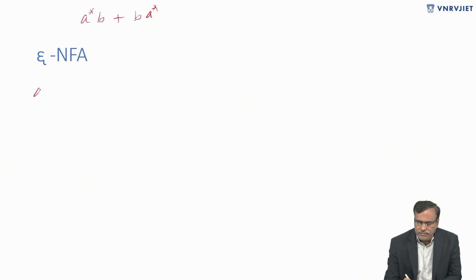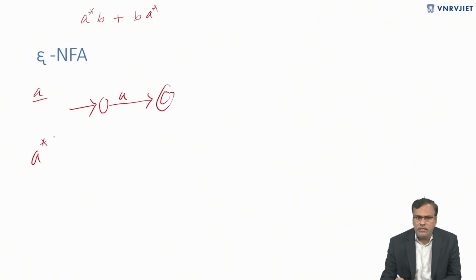Just for A, this is how you can make your design. Your input symbol is A. In a similar fashion, for A star, you can design the transition diagram as follows.